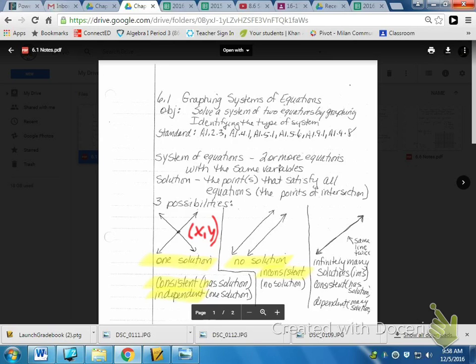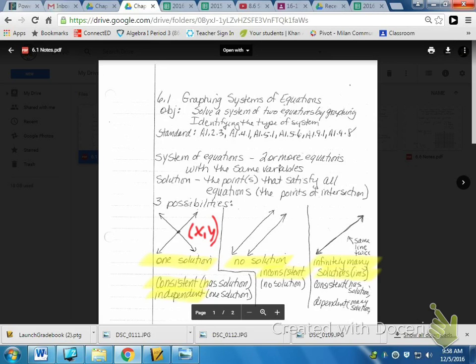Finally, the last possibility is if the two equations happen to be the same line. They're not going to be given to you the same right off the bat; they'll look different. But if you simplify, maybe put them in slope-intercept form, you'll see they're the same line. In that case, there are infinitely many solutions.